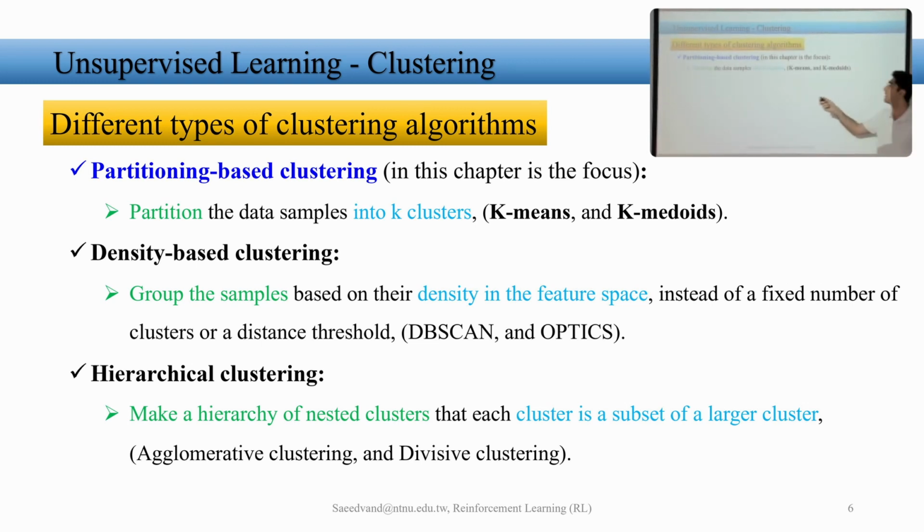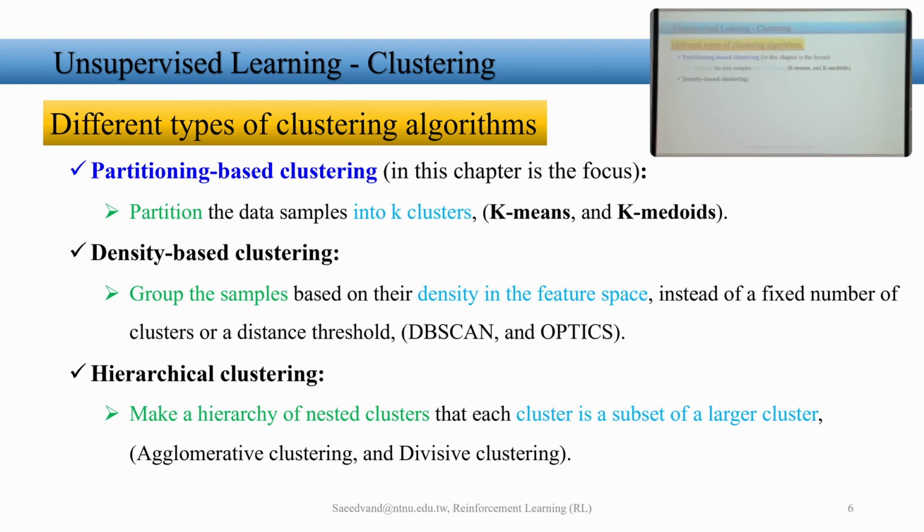We say, okay, we have K clusters and we know how many clusters we want, and our algorithm is supposed to give us that. For example, I ask my algorithm that these data should be in 2 clusters. Then my algorithm partitions the data for me into 2 clusters.